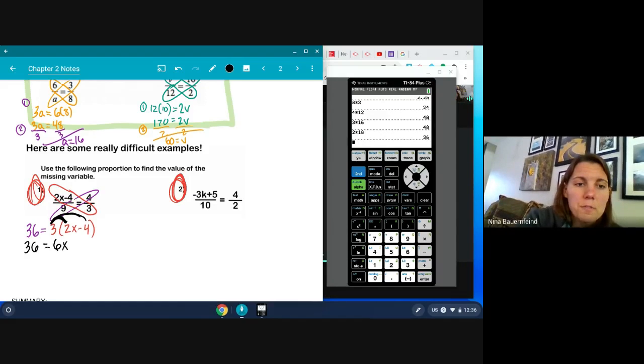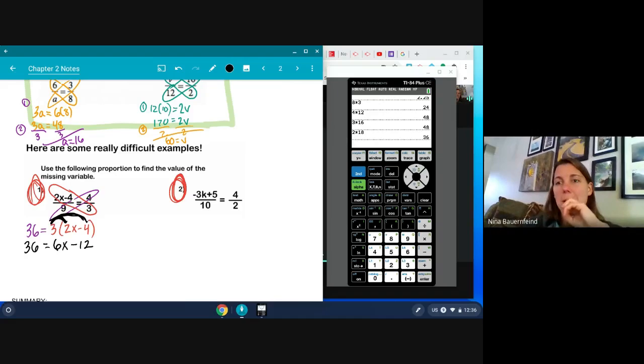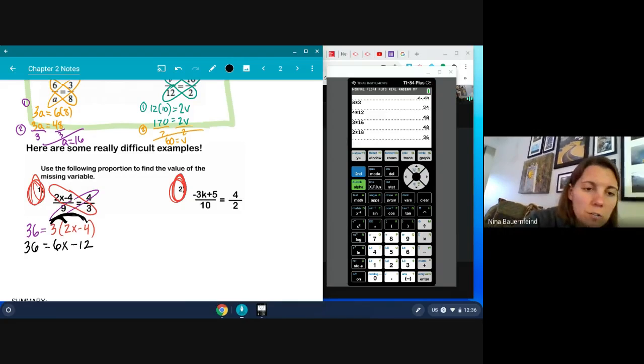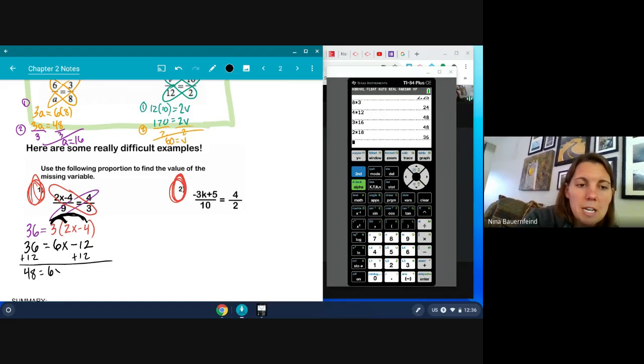And then 3 times 4 is 12, so it's minus 12. And then we just solve like we've been doing. So plus 12, plus 12. This is 48 equals 6x. Divide by 6, divide by 6. 8 equals x. Okay?